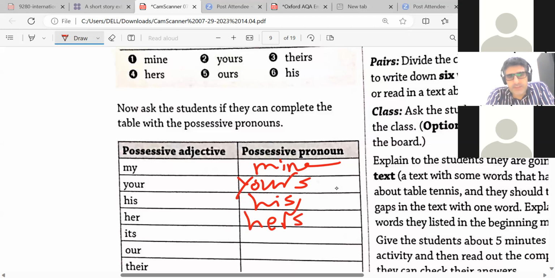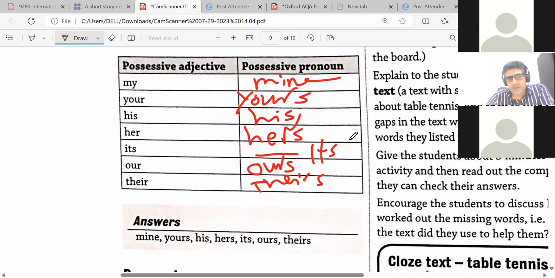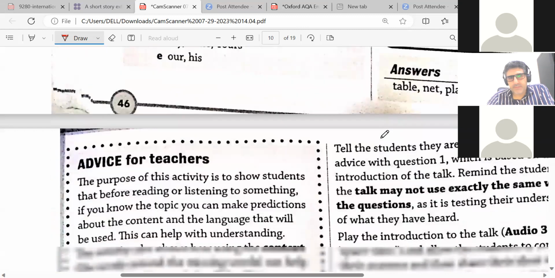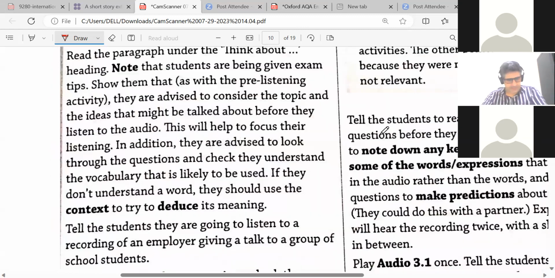Its, the same, sometimes without apostrophe. Our, ours. Their, theirs. As you see, all of them end in s except his and mine. Right? Yes.